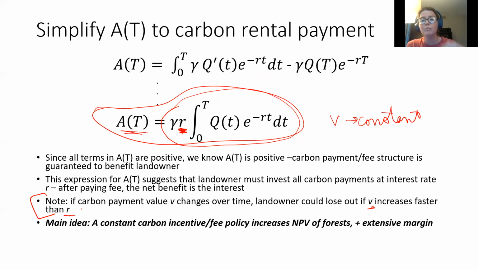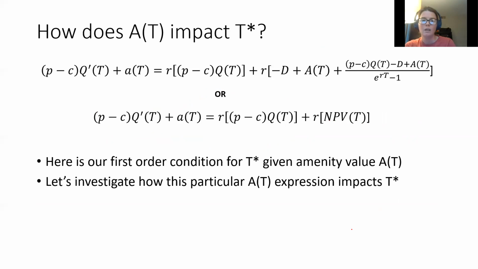Then they wouldn't be able to make enough interest on their carbon payments to pay off the carbon fee when they harvest. But the main idea for the assumptions we've made is that a constant carbon incentive and fee policy will increase the net present value of a forest land use, and therefore will be positive for storing more forest carbon on the extensive margin. So that's the main idea there.